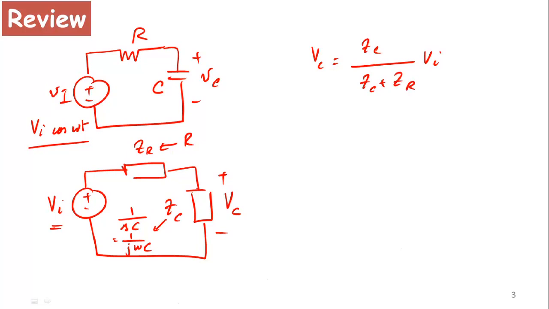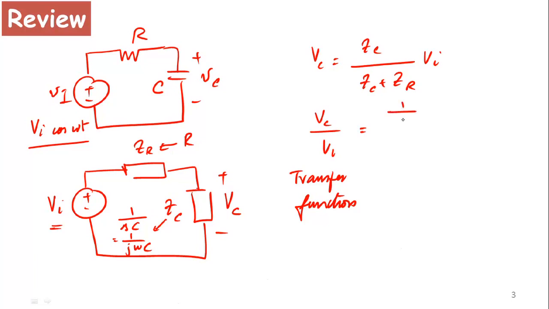I can figure out the transfer function, VC divided by VI. So this is the transfer function, and I get that by taking VC over VI. Continuing with the analysis, I'm now going to replace my impedances with the actual component values.